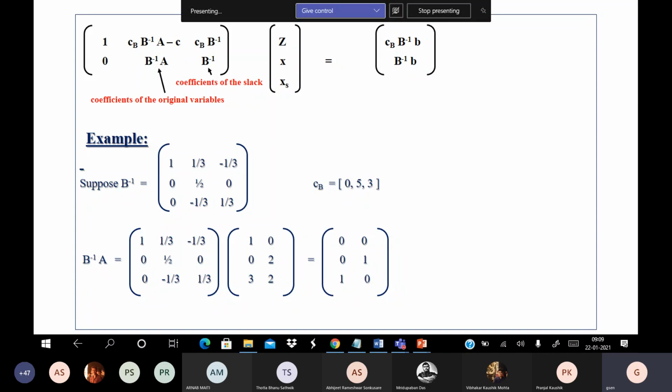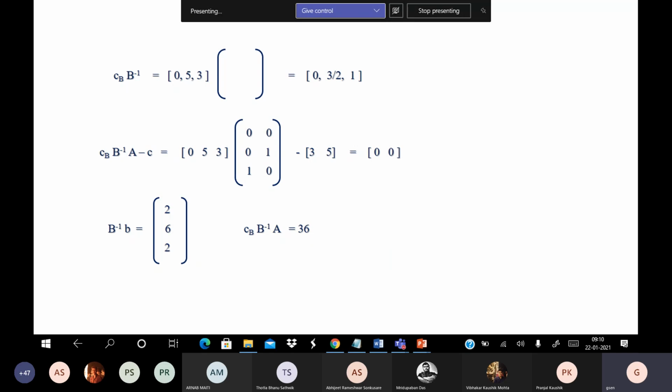And then you can generate the entire simplex table for it. For example, this example gives you a representation of the table for the base which is optimal. We know that 36 is the optimal objective value.